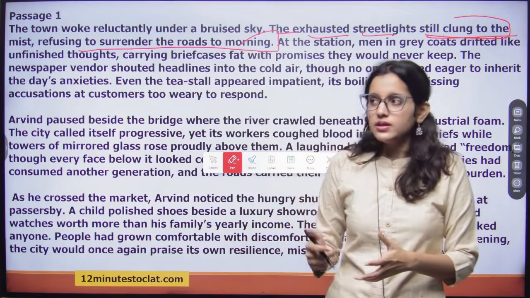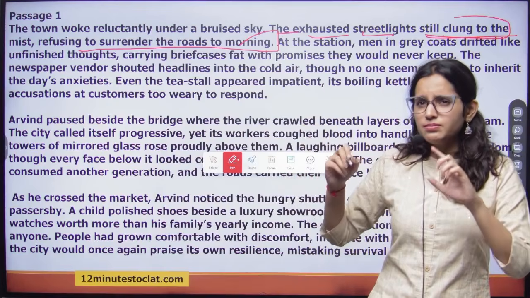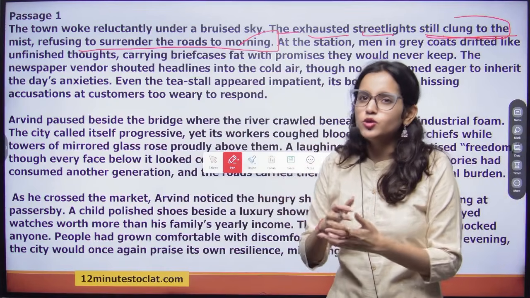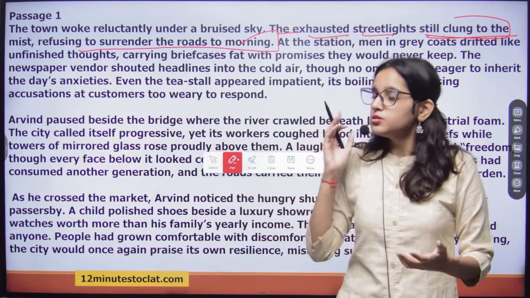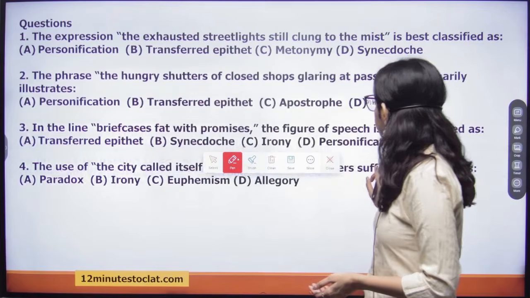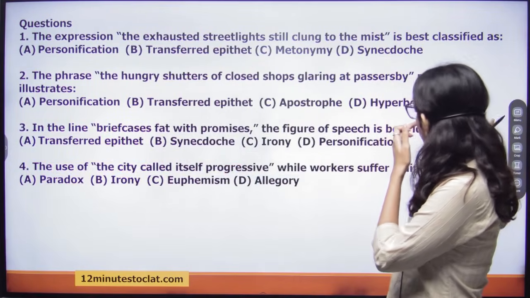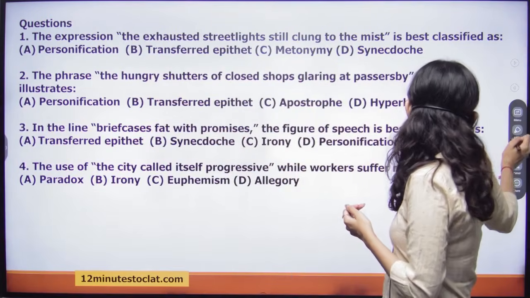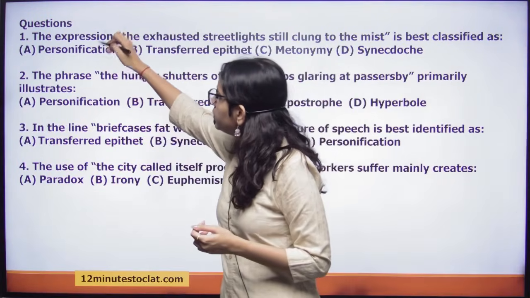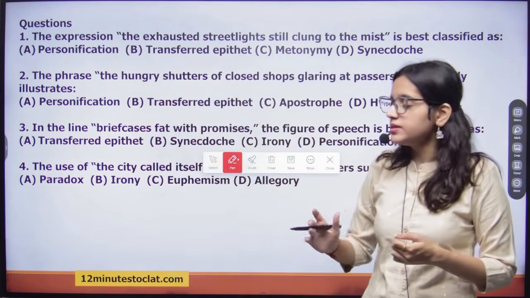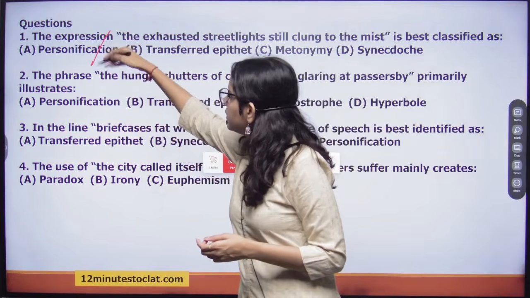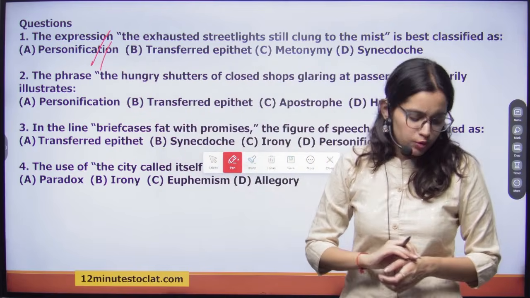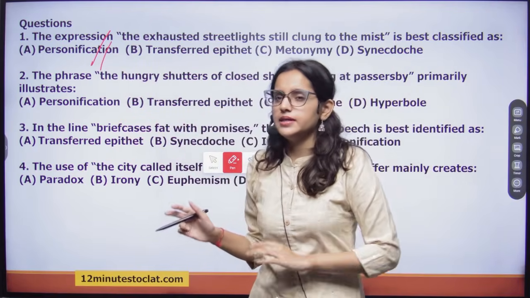No. Synecdoche, does the streetlight represent something larger? No, there is no part whole relationship either. So the correct answer here is A, personification. I'm giving human attributes, human emotions, qualities, or actions to a non human entity.